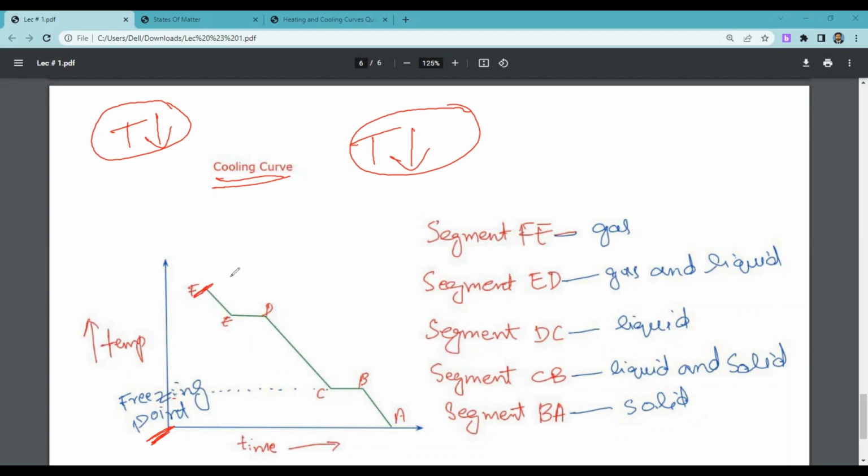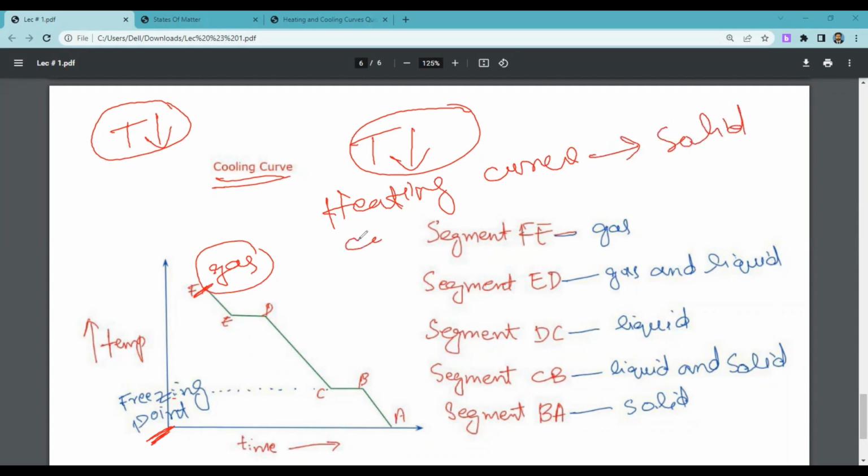At this point, the substance exists as gas. The heating curve starts from solid, while the cooling curve starts from gas. Please keep it in your mind.